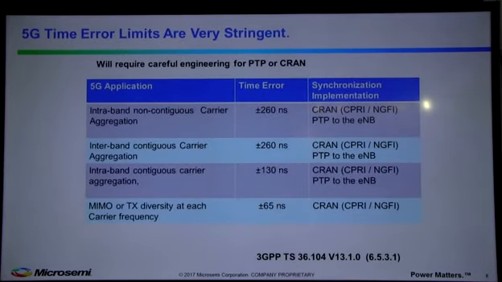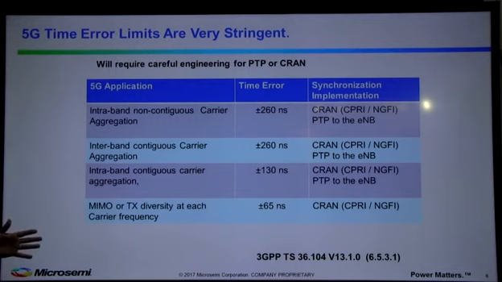This changes radically as you move into 5G. Some of the functions in 5G, which I will go into some detail about, are carrier aggregation and massive MIMO. In the various carrier aggregation implementations, you will require much tighter time error control than in LTE networks. For example, for inter-band and intra-band non-contiguous carrier aggregation, we have a plus or minus 260 nanoseconds requirement. If you have an intra-band contiguous environment, you will have a plus or minus 130 nanoseconds requirement.